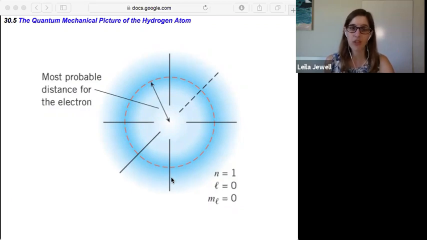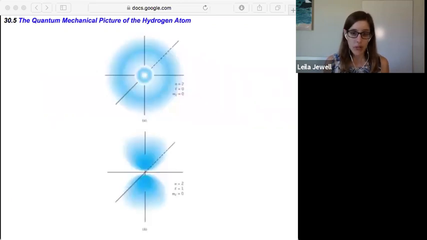So the Bohr model isn't wrong per se, it's just not complete. It's not giving us the full picture. It gives us a sense of where the electron is most likely to be, but there are other places the electron could be in this hydrogen atom. And this is only in the ground state. Things get a little more complicated when you go up to n equal to 2, the first excited state. When n is equal to 2, L is equal to 0, m sub L is equal to 0, it looks somewhat similar, with a little more complex probability distribution of where the electron is located.